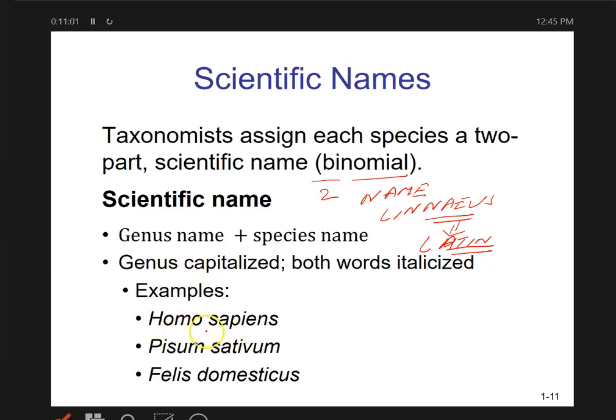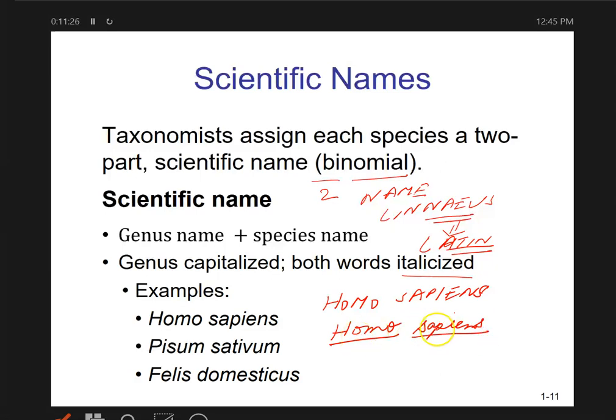Now when you are writing like this, when you're typing it in, you can italicize, right? But what if you are handwriting it? Then you have a choice. You can write it like this, Homo sapiens, all caps, all right? But if you don't want to write it all caps and you want to write it in running handwriting, then you have to follow some rules, right?